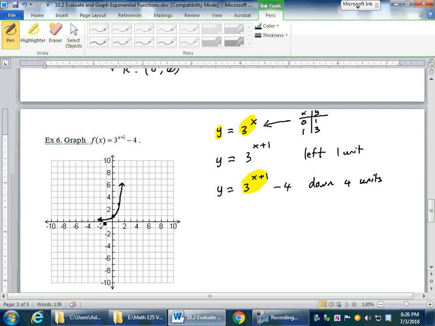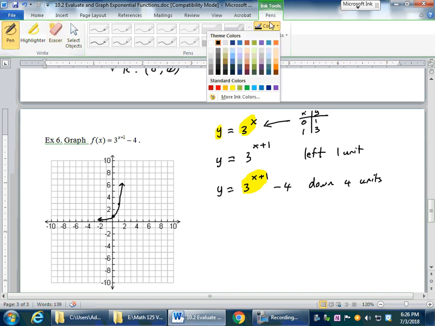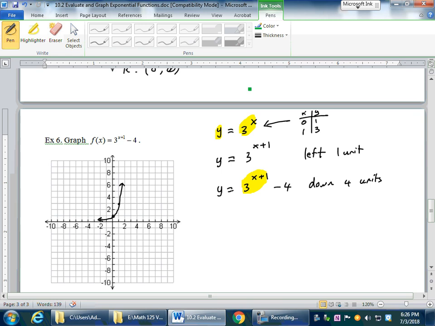So originally my horizontal asymptote is right here, y equal to 0. But this time, because the graph is going to shift down 4 units, the horizontal asymptote will also shift down 4 units. So I want to graph this horizontal asymptote first, so that my final graph will not pass through this.